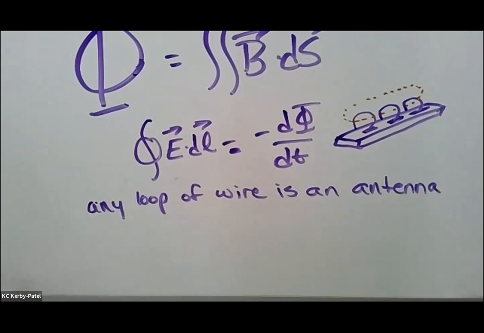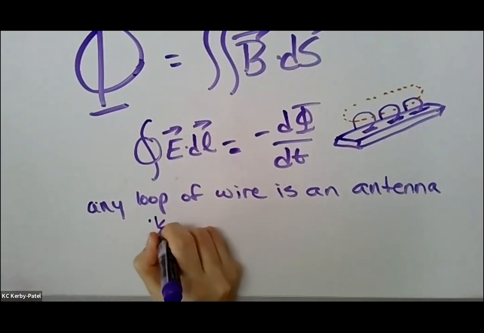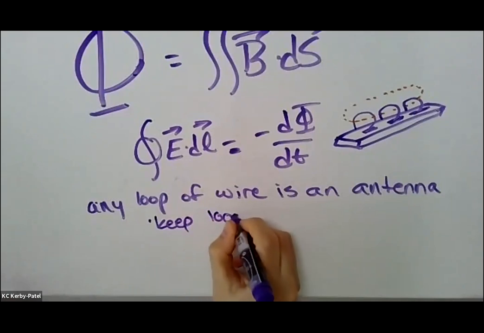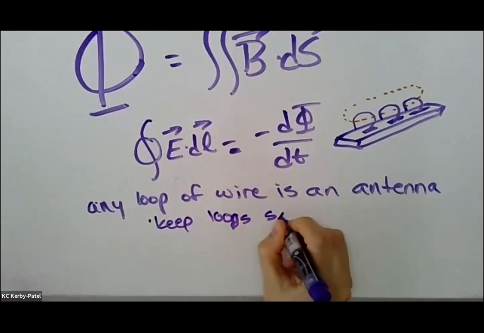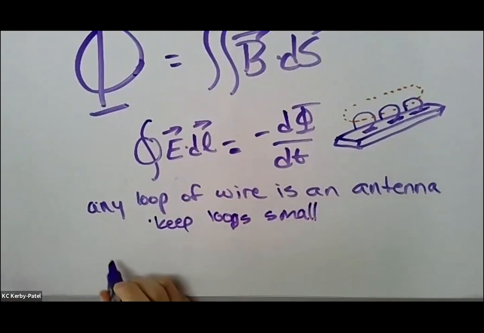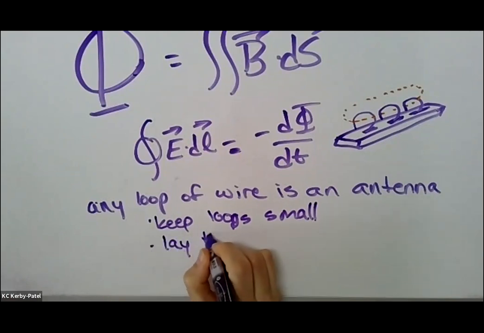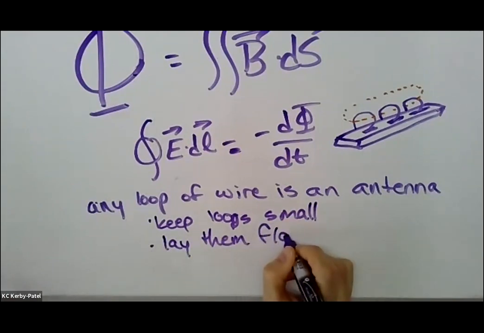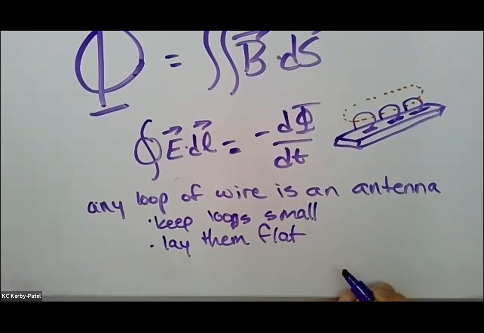So what should you do? Keep loops small. Lay them flat against the ground plane or some other piece of metal.